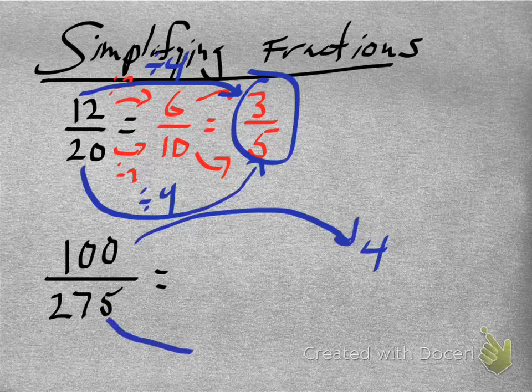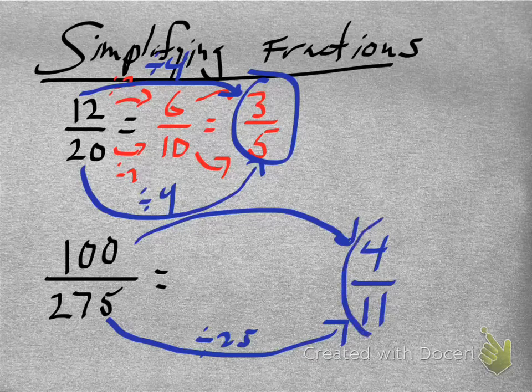And like we just said, 275 divided by 25, think about how many quarters go into that. 4 quarters make $1. So then 4 more quarters make another $1. So that's 8. And then 3 quarters make 75 cents. So 8 and 3 is 11. So we get 4 over 11. And 4 over 11 is reduced.